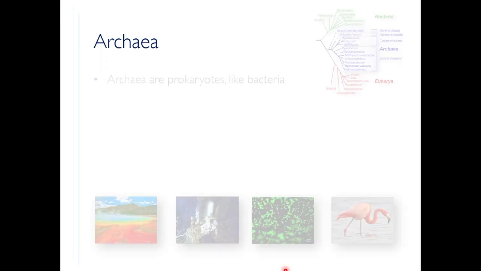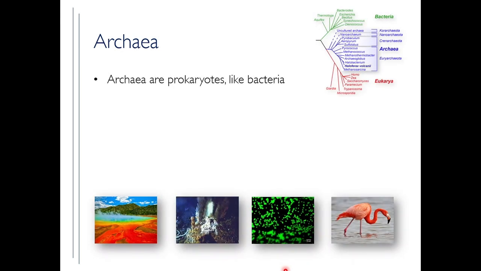So briefly, just to say who I am, I'm currently doing a PhD in archaeal genetics, and they are prokaryotic, so like bacteria, but they were considered, emphasis on were, a separate domain of life, along with the eukaryotes and the bacteria. So you can actually see that up here represented, and archaea were considered a sister group to the eukarya or the eukaryotes.